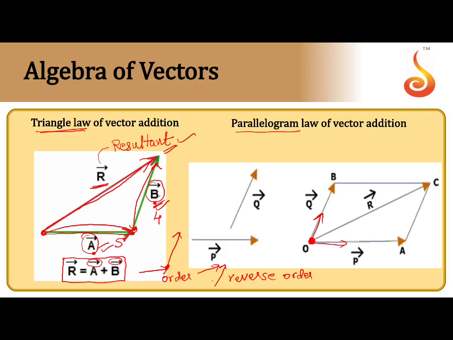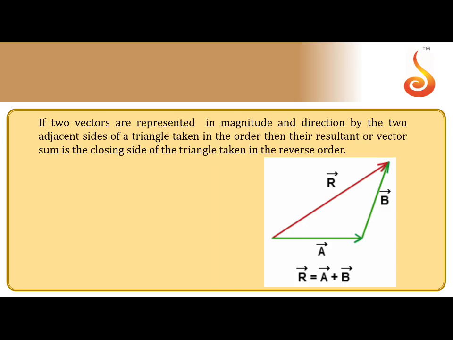So when two vectors are taken in order, they are added using the triangle law. When two vectors have the same initial point, they are added using the parallelogram law. So what does the triangle law state?